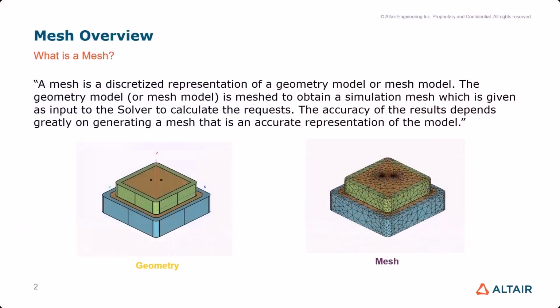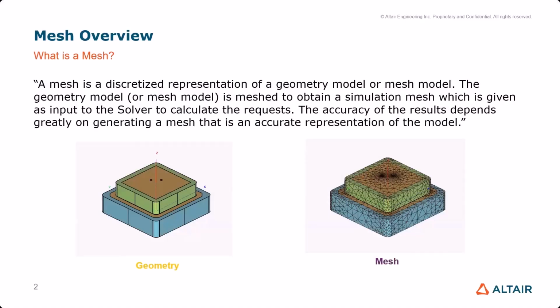I wanted to start with a general overview about what is a mesh, and its basic definition. I'm sure a lot of you know already what it is, but it's always good to remind what we are talking about. So basically, a mesh is a discretized representation of a given geometry we have. This could be a geometry model or a mesh model.